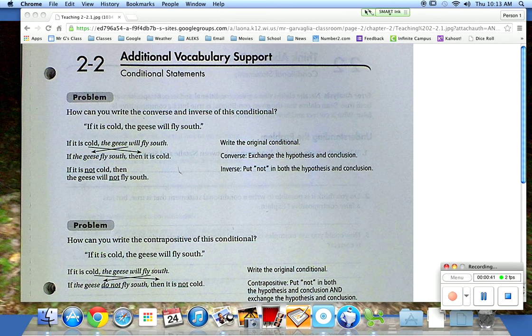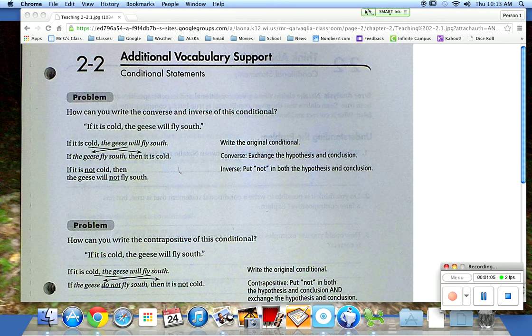Notice how I took that statement and I flipped it around, right? The inverse is if it is not cold, then the geese will not fly south. So we took the statement, if it is cold, the geese will fly south.